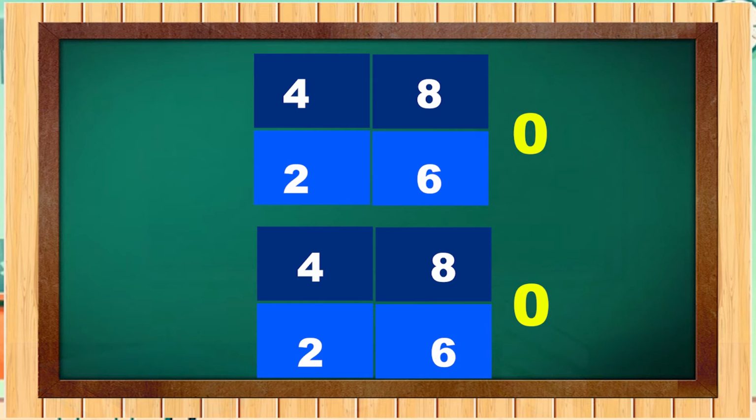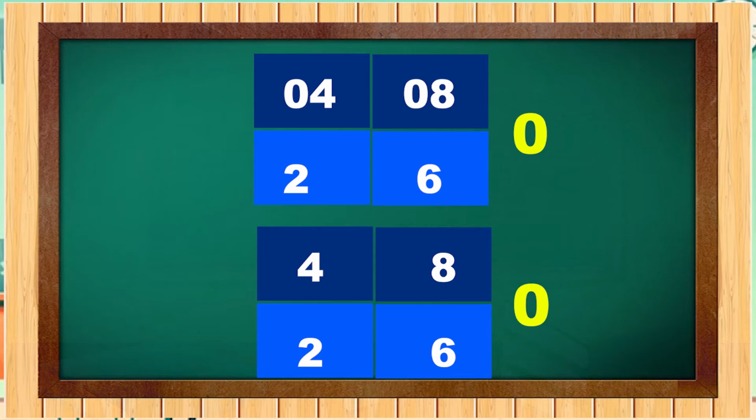We go back to box number 1, top row. What are the numbers in the top row? 4 and 8. So we will write zeros near to those numbers in the tens place. So the value of the number doesn't change. It is still 4 and it is still 8.